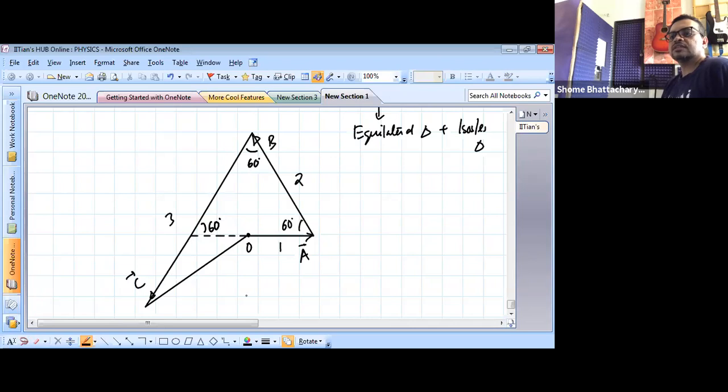So now you can see that this is our equilateral triangle. This one is our equilateral triangle. And because this is equilateral, therefore this side will be 2. And this whole side will be 2, which means this side will be 1. Because A's magnitude was 1, so the remaining has to be 1 because it has to be an equilateral triangle.